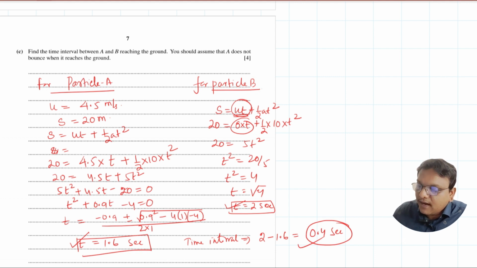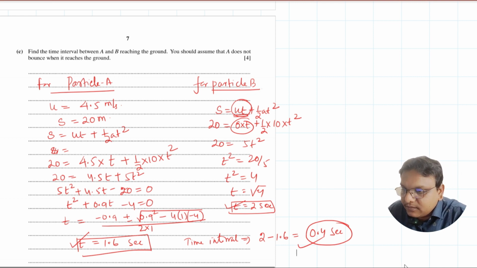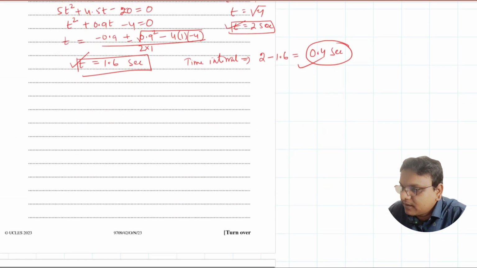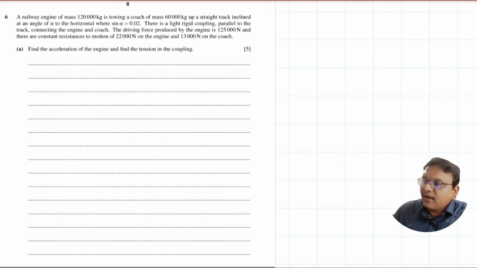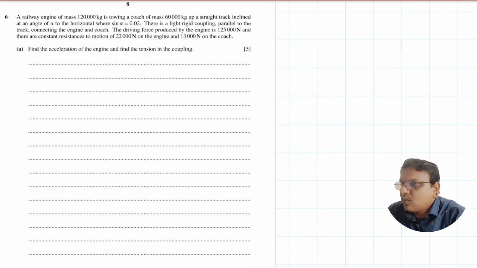Now moving to the next question, question number 6. Question number 6 says that a railway engine of mass 120,000 kg is towing a coach of mass 60,000 kg up a straight track inclined at an angle alpha to the horizontal, where sine alpha is given as 0.02.